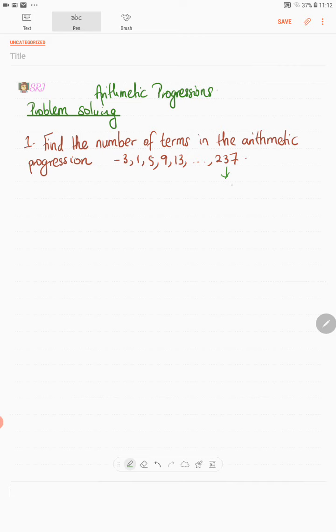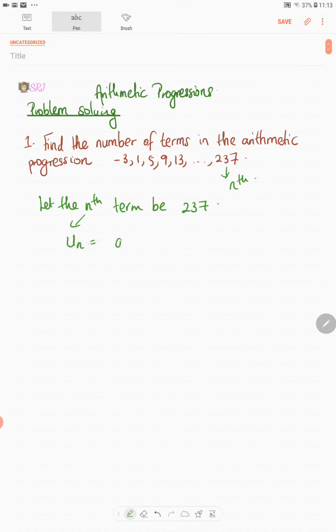So we call it the nth term. Let the nth term be 237. Now we know that the nth term, un, is equal to a plus n minus 1 times d.